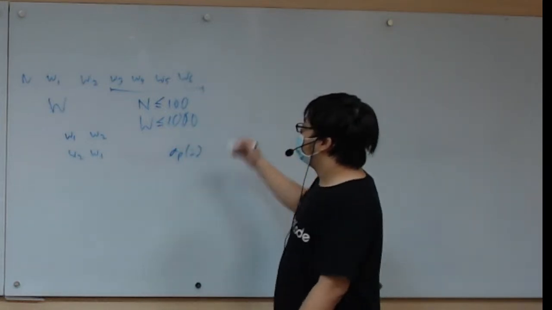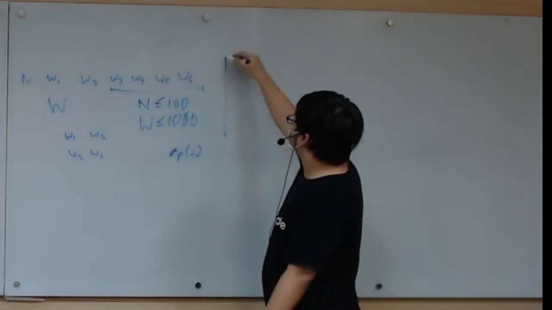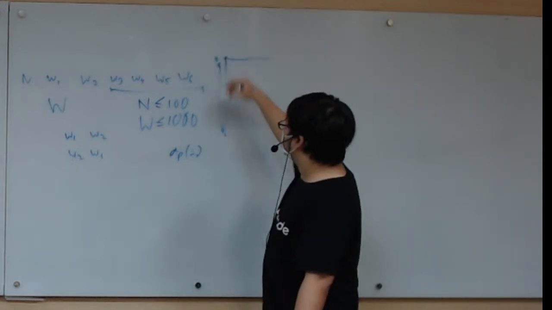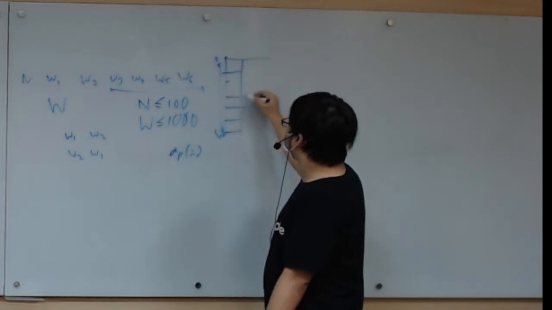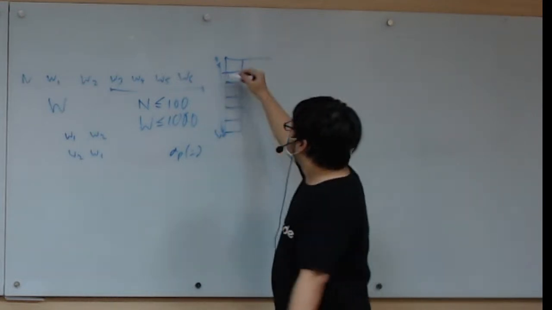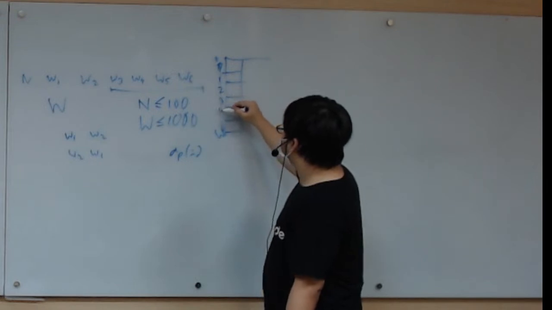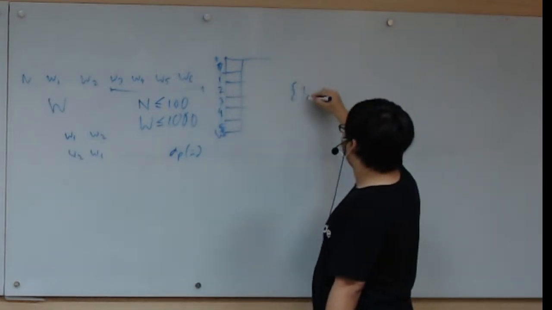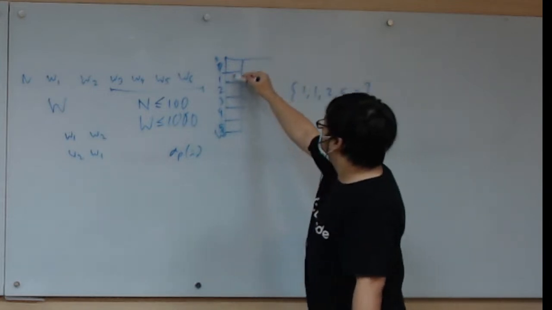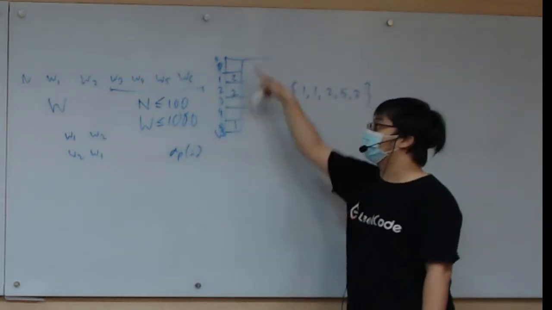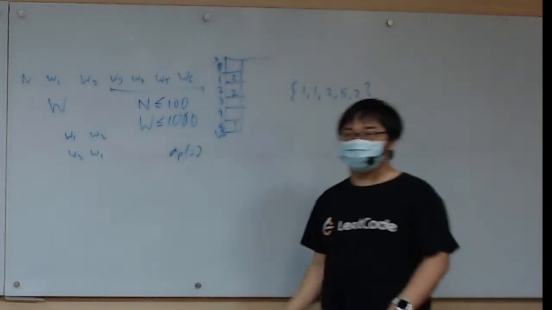Instead, you create an array from 0 to W, and for each width you store how many boxes there are of that width, right? So let's say the input is 1, 1, 2, 5, 2. Then here you have 2, you have 2, you have 5. So this stores how many boxes have that width.